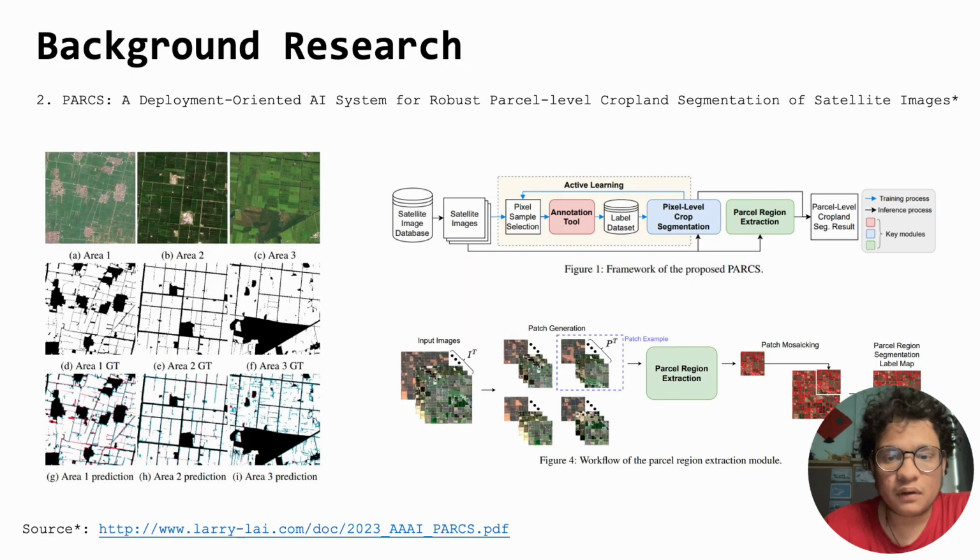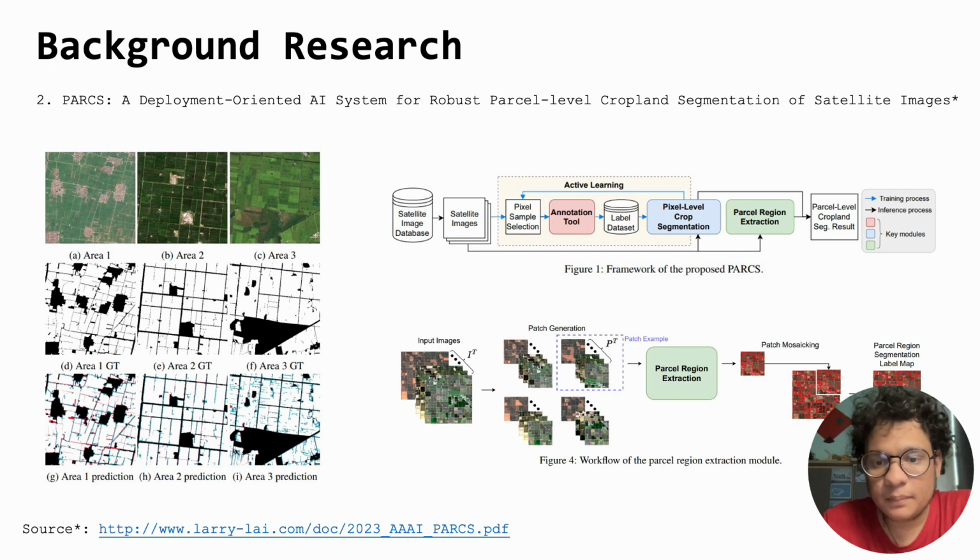Then we found this paper, called Parks, a deployment-oriented AI system for robust parcel-level cropland segmentation of satellite images. It was presented recently at the Triple AI conference, a very prestigious conference in artificial intelligence. They first trained a model using an active learning approach, increasing their dataset with annotation.